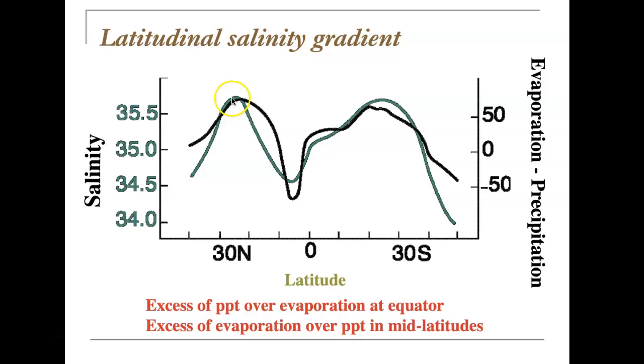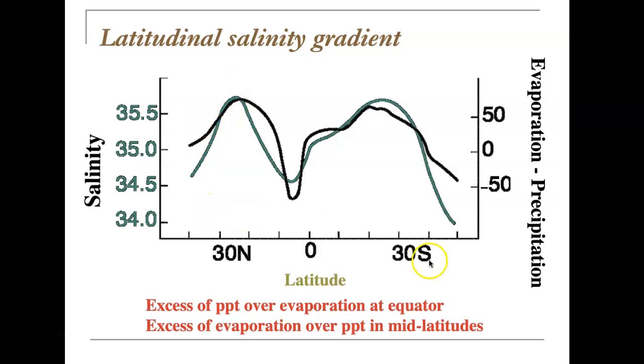Now, as we hit, and we'll talk about why this is with the trade winds, 30 degrees north and 30 degrees south, which, as you know, are typically where we have our deserts. This is where we're going to get more evaporation than we are precipitation. So salinity is going to increase.